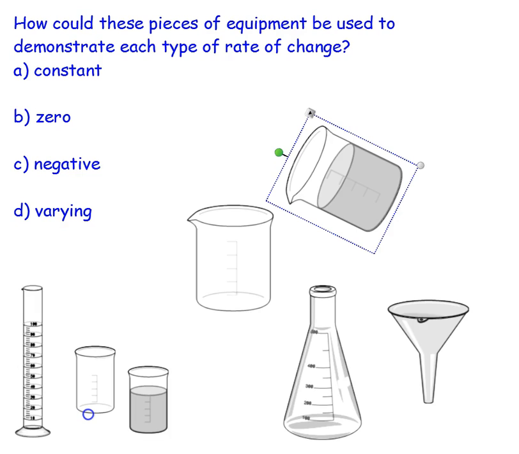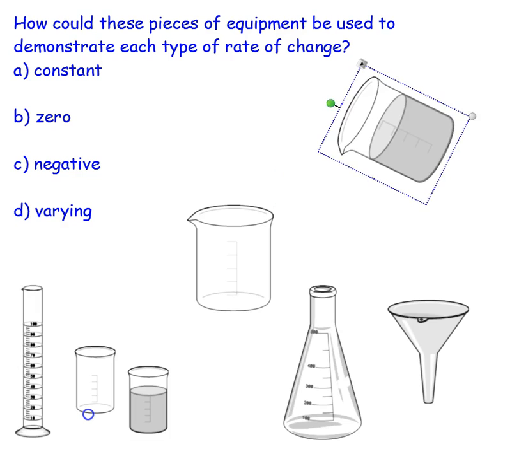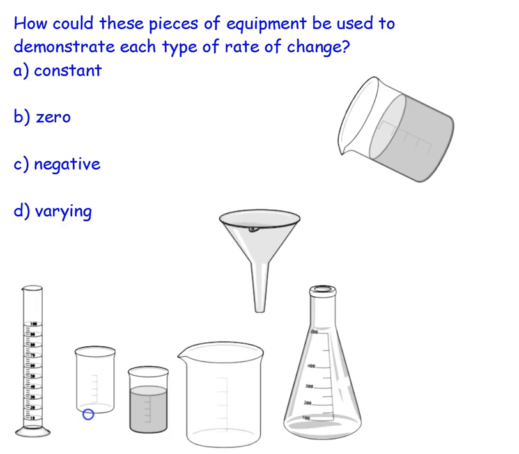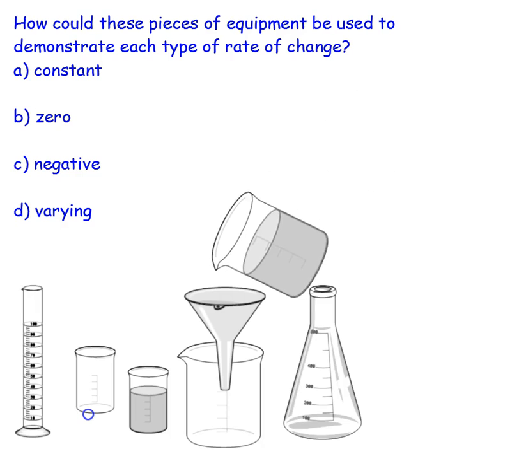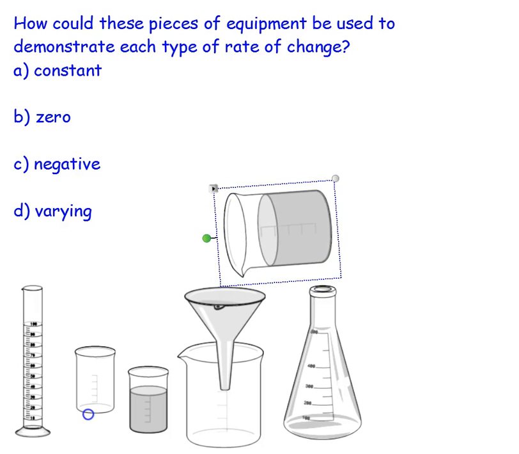Now, if we weren't able to do that, we could attempt to pour it at a constant rate by putting a funnel maybe in the path so that at least the diameter of the opening here is constant, and we could assume that the flow rate would be pretty constant. So we could accomplish constant rate of change that way. Zero rate of change is pretty simple. Just leave something to remain empty, remain full, or remain in its given condition, and you have zero rate of change.